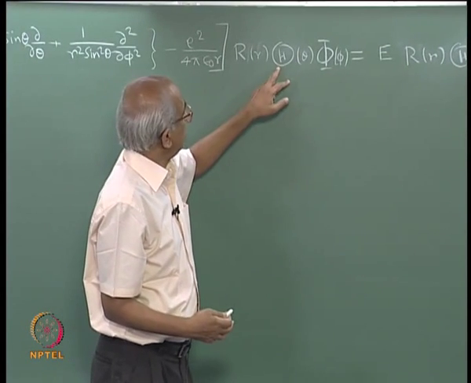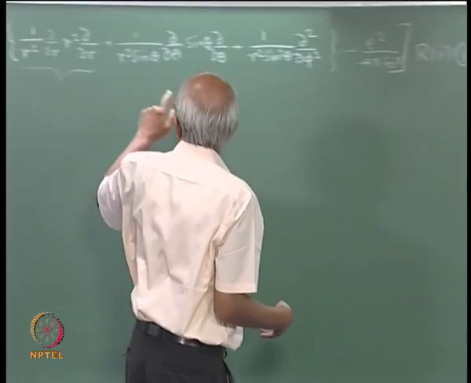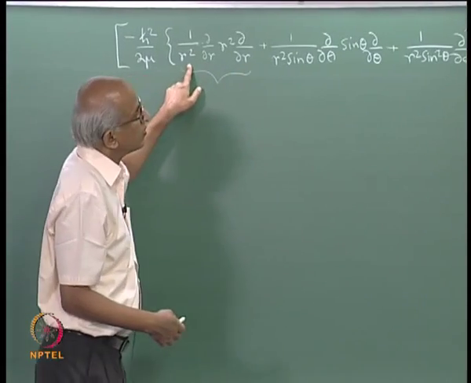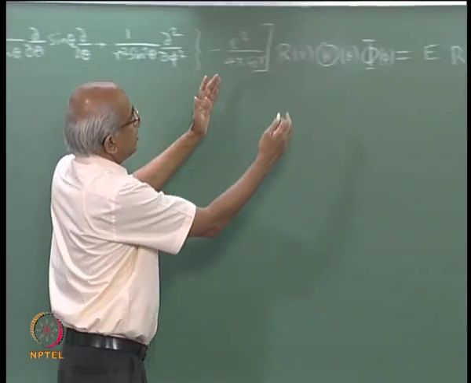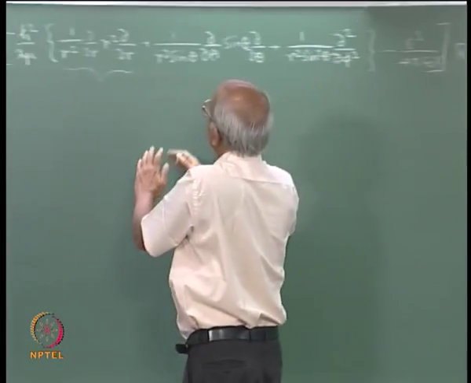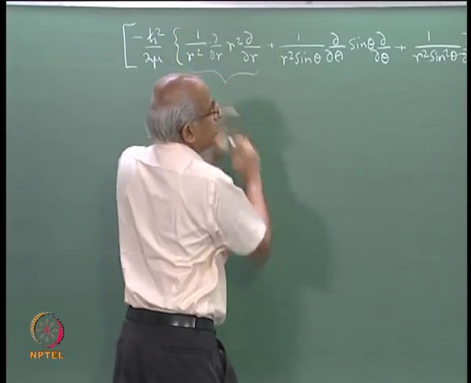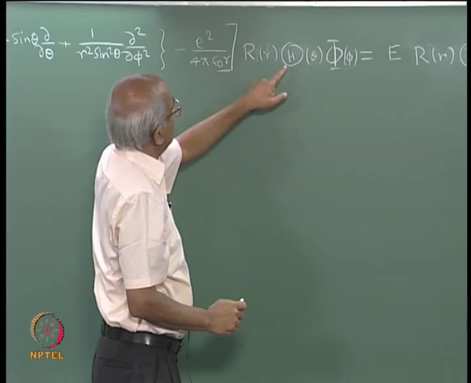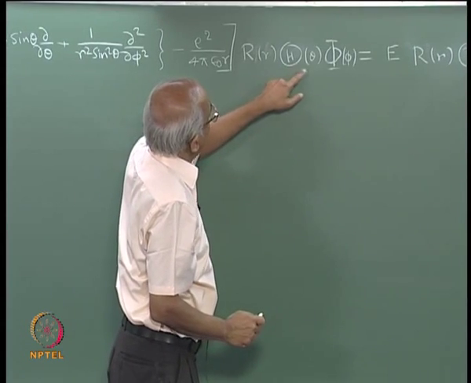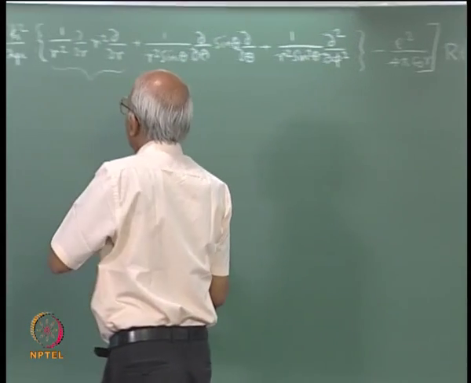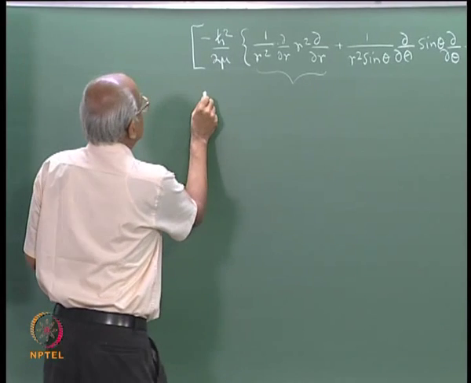So, therefore, capital theta and capital phi will be unaffected by this operator. So, if I took this function inside, this operator will affect only capital R, it will not affect capital theta or capital phi, and therefore, let me write what the result is.